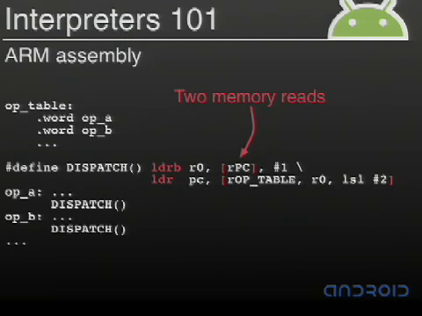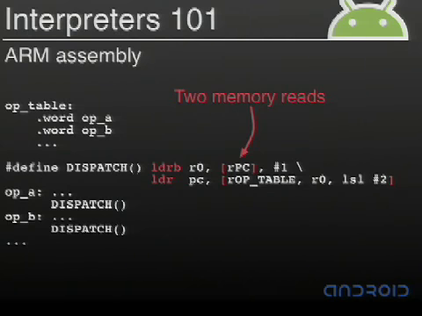So here you can see I've elided a lot of the details, but the dispatch I've fully written out. You can see there's still two reads of memory to do that dispatch. The first read is reading from your interpreted program counter, and the second read is reading from your opcode table to find the address of that next opcode.